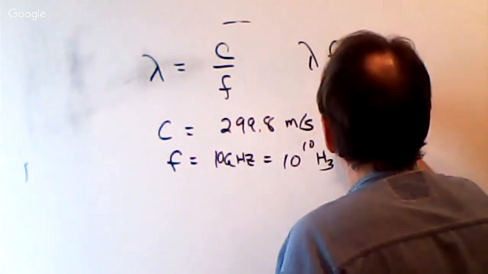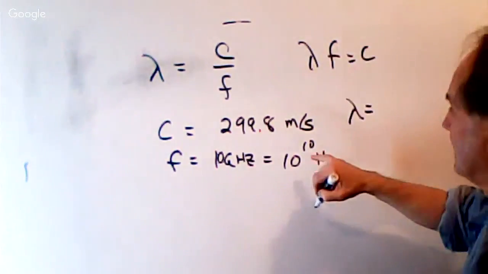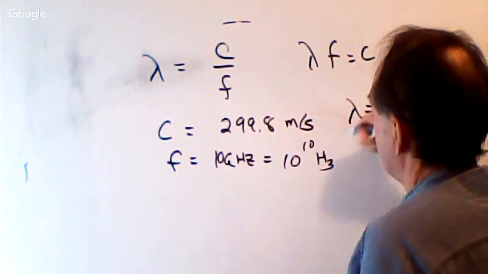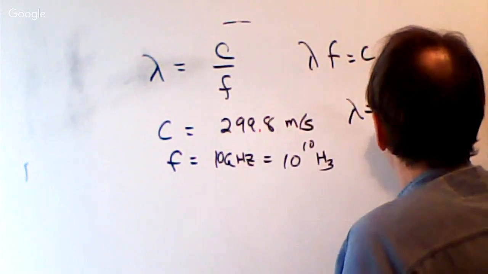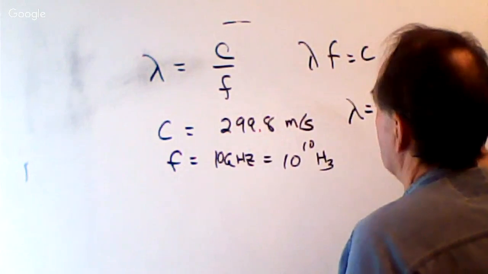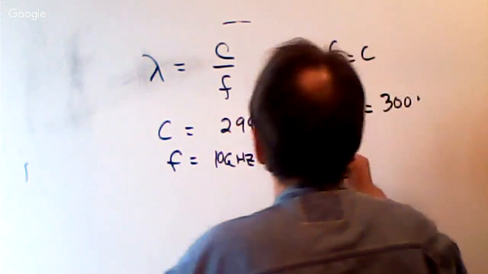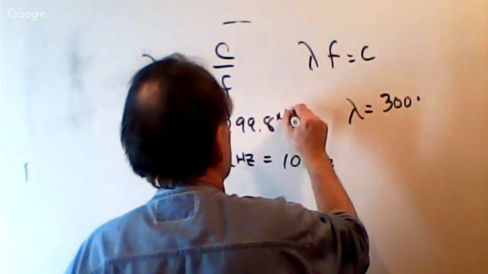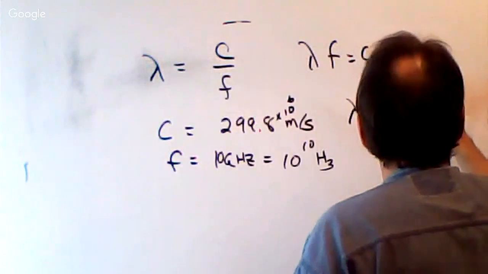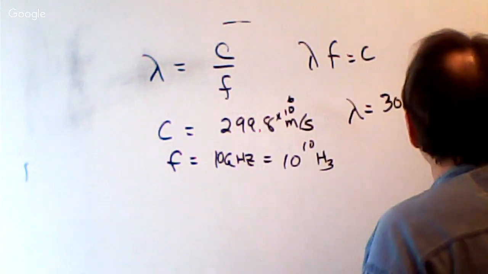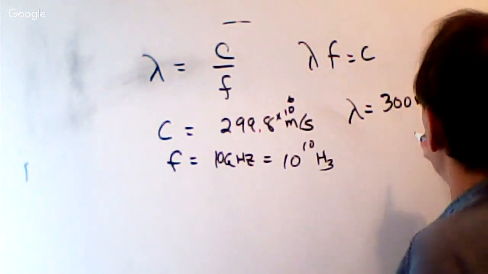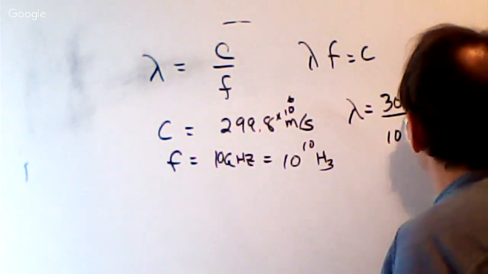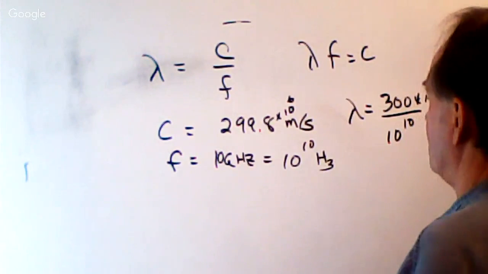So the wavelength of a 10 gigahertz signal, let's just say this is 300 million meters per second, and we divide by 10 to the 10th hertz.